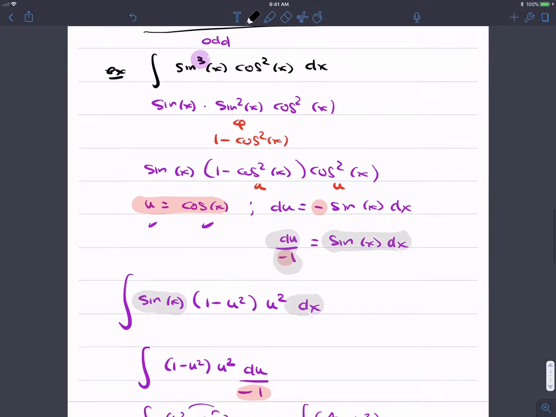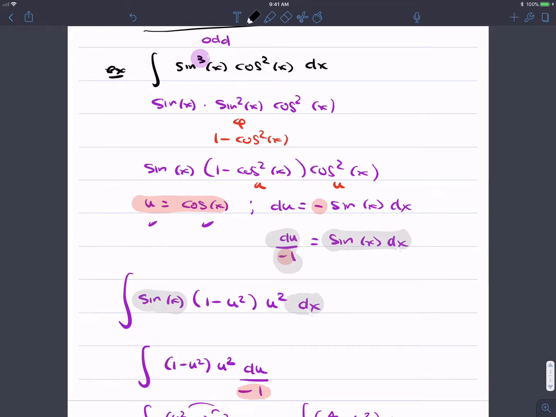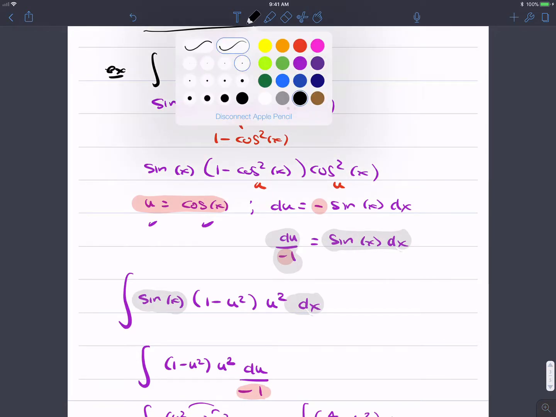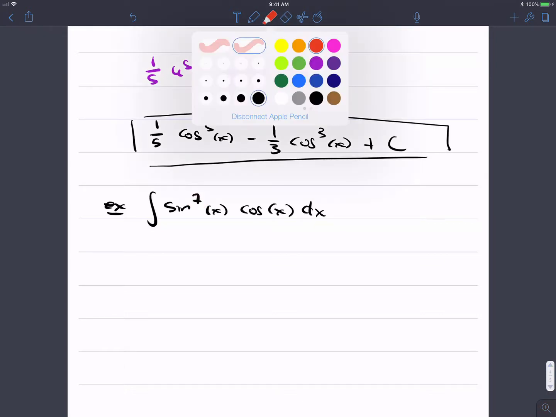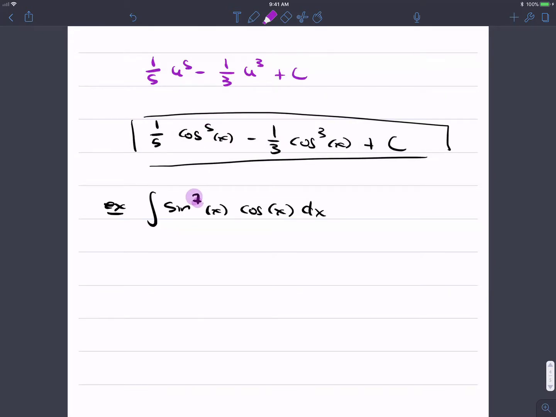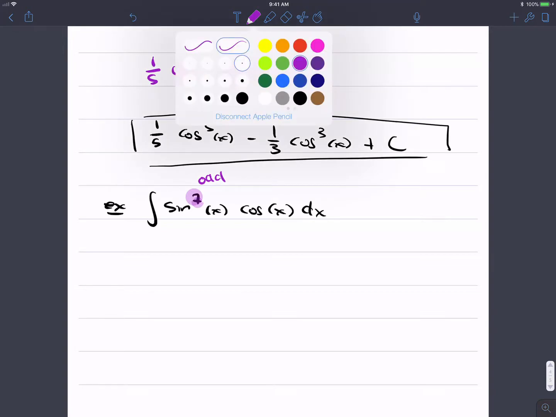And so this is what we do when we have an odd power of sine. So let's take a look at something that might look like this. Let's really kick this up. We'll have sine to the 7th power of x and just a cosine x dx here. Now notice our power here for sine again is odd, and we're going to go with that same idea.